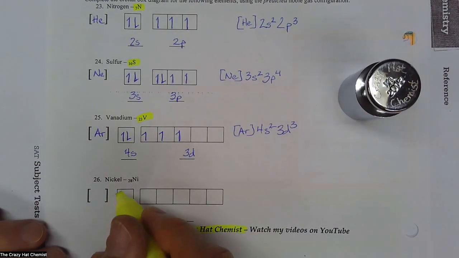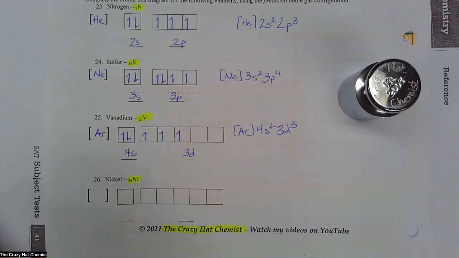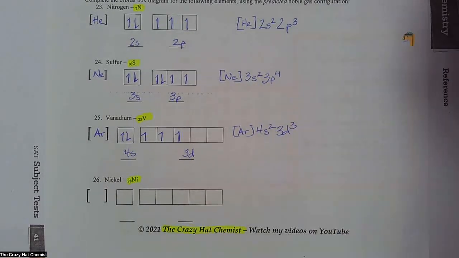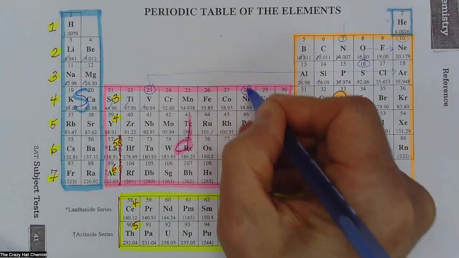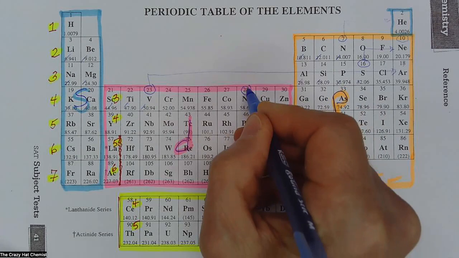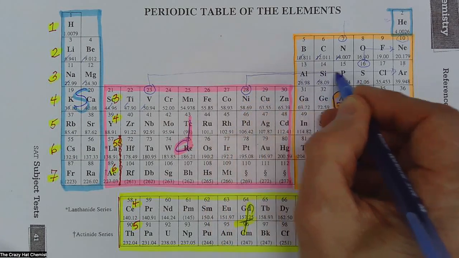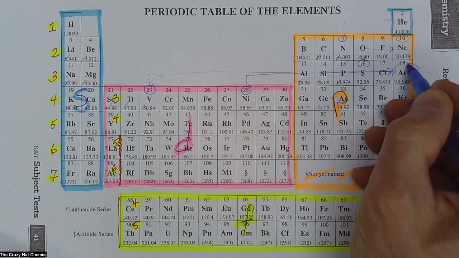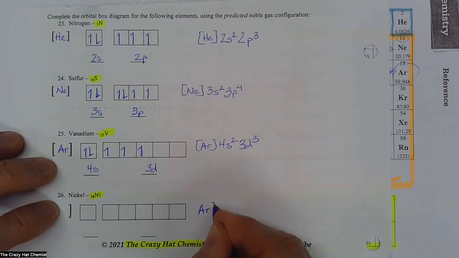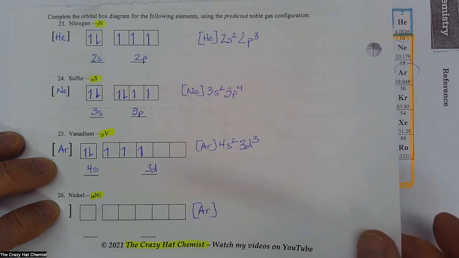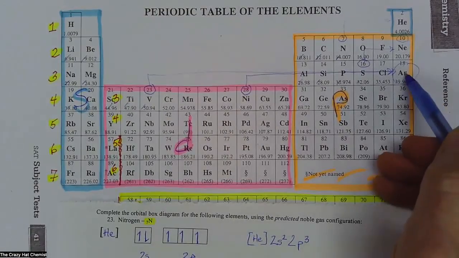Here we go. So the next one is going to be nickel, and that is element number 28. So let's find nickel. Here's element number 28. That's nickel. So what we're going to do is go up 1 period and slam it to the right. That is argon. So I am going to write Ar in brackets, and that is the noble gas that's associated with argon.